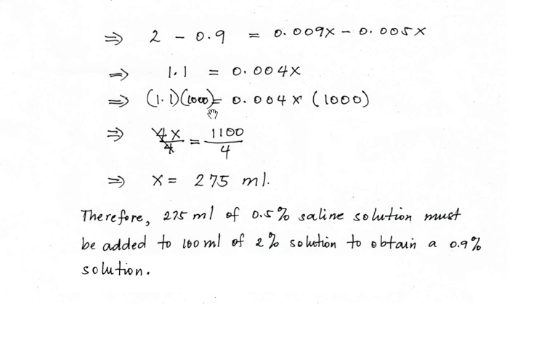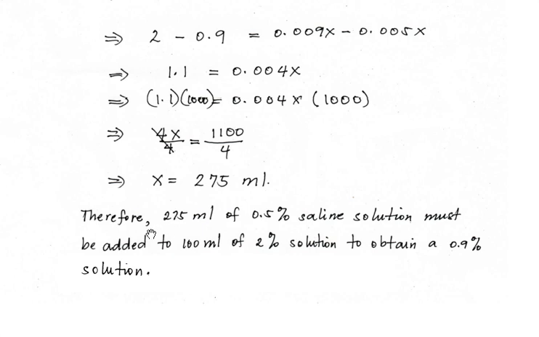Then 0.004x becomes 4x because it was multiplied by 1000. Solving for x, we have 4x equals 1100, divide both sides by 4. This becomes 275. So x is equal to 275 ml.